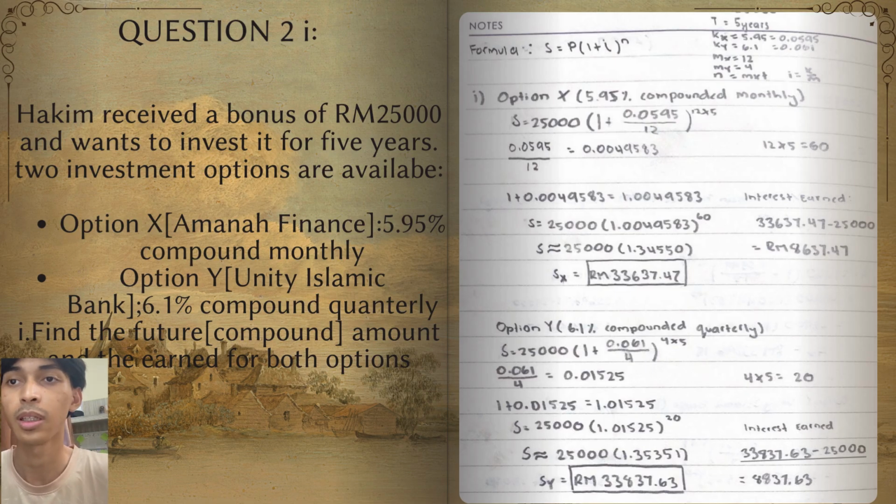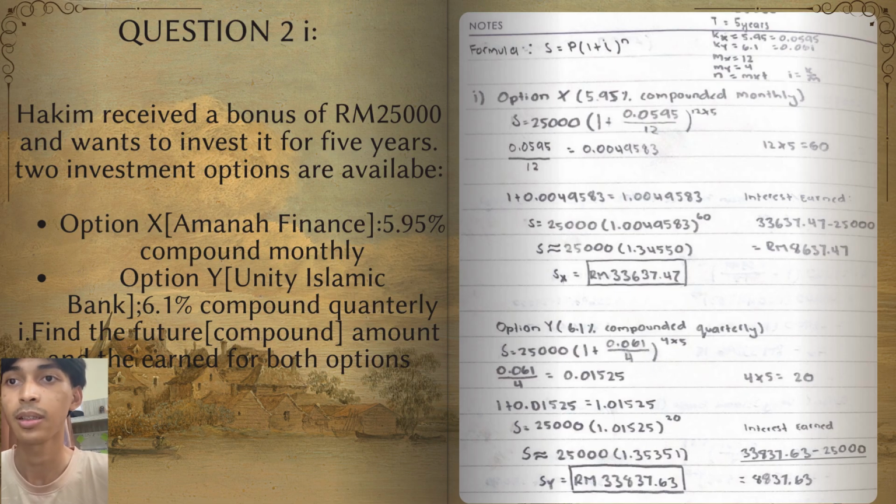So, we start with S equals 25,000, bracket 1 plus 0.0595 over 12, to the power 12 times 5. 0.0595 over 12, after we calculated it, we got 0.0049583. So the next step, 1 plus 0.0049583 equals 1.0049583.